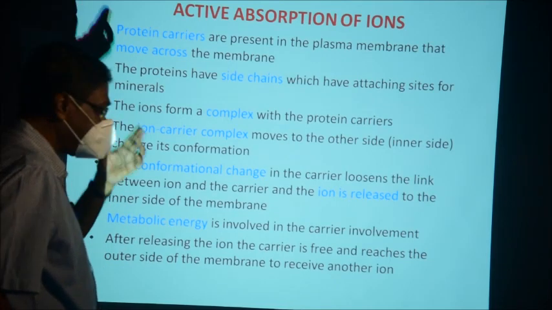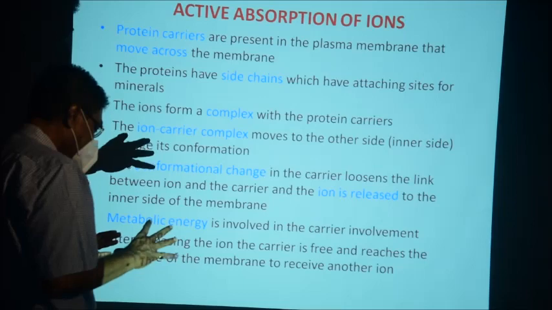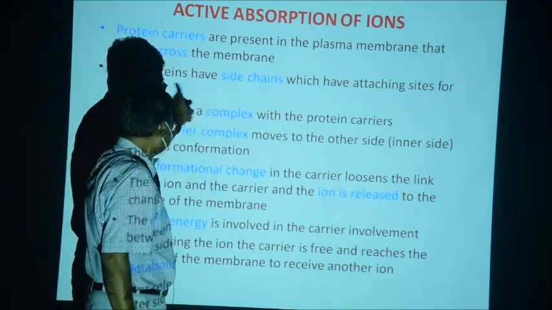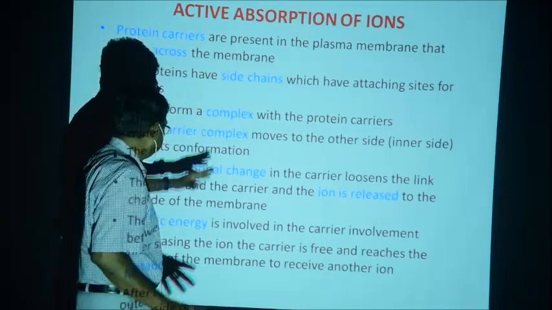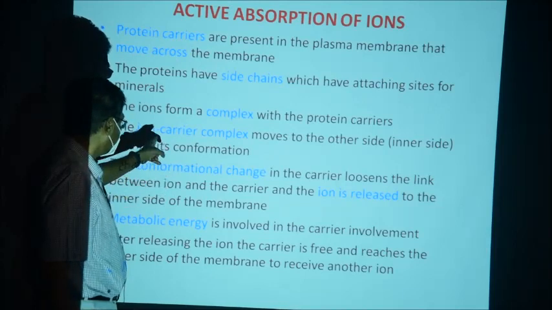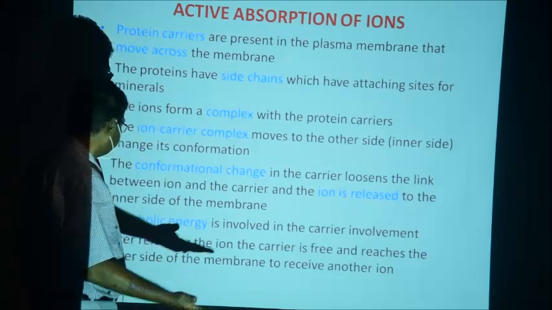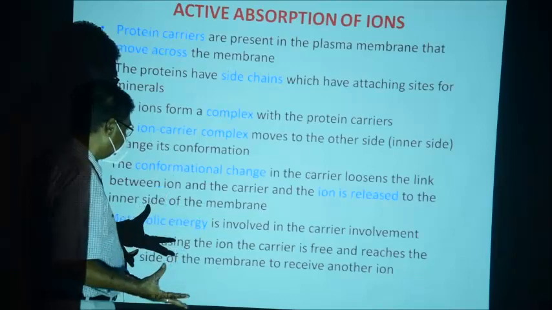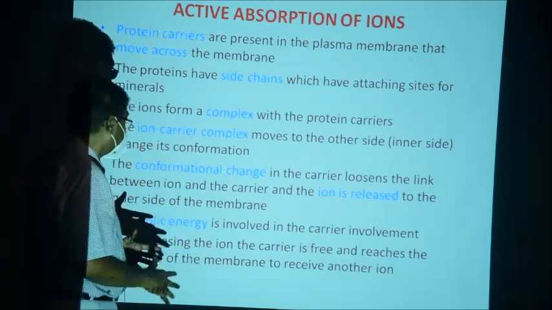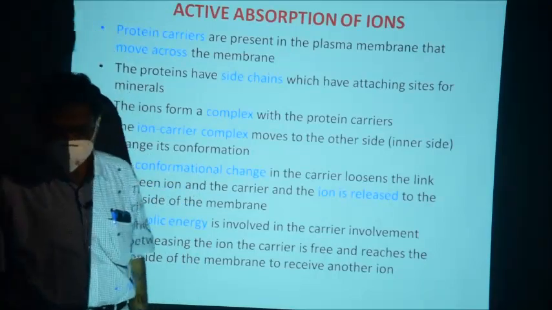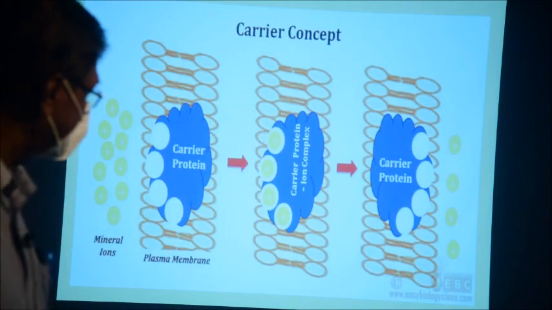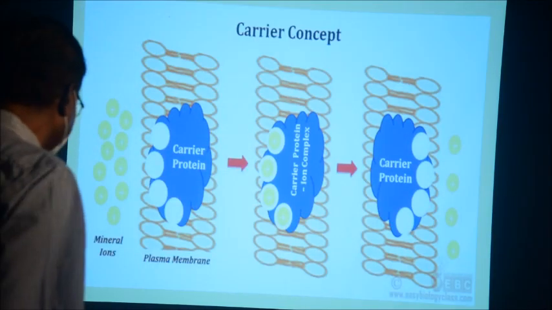The ions get attached to the protein side chains. A complex is formed, the ion carrier complex moves to the inner side, there is a conformational change, the ion is released, and metabolic energy is involved. In passive absorption, no metabolic energy is involved, whereas in active absorption there is involvement of metabolic energy.